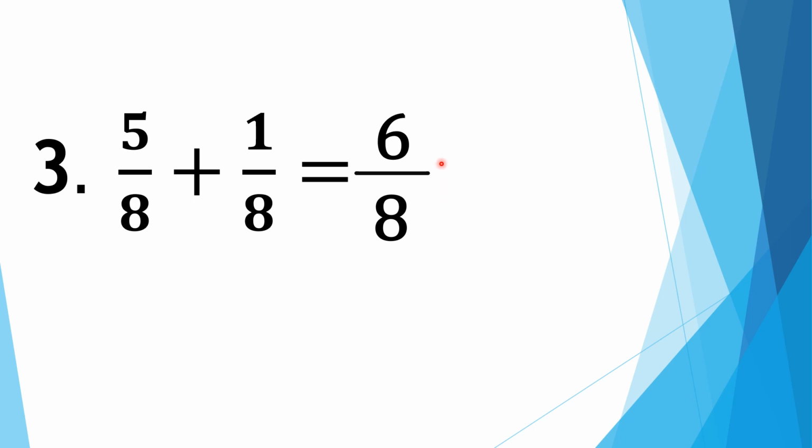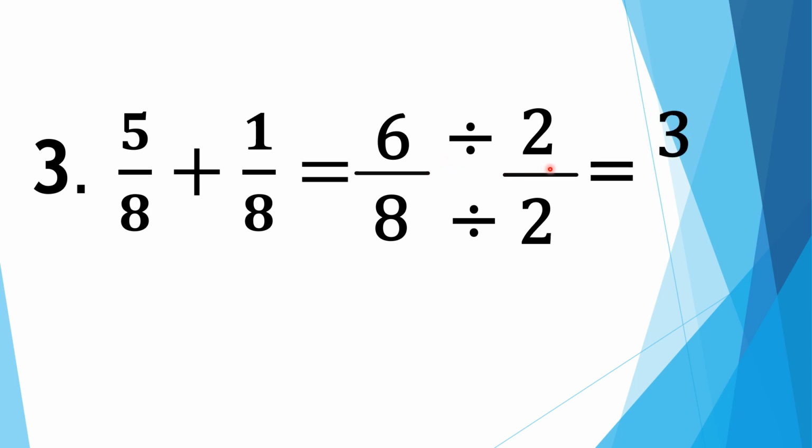So the highest common factor of 6 and 8 is 2. So 6 divided by 2 is equal to 3, and 8 divided by 2 is equal to 4. So the lowest term of 6 over 8 is equal to 3 over 4.